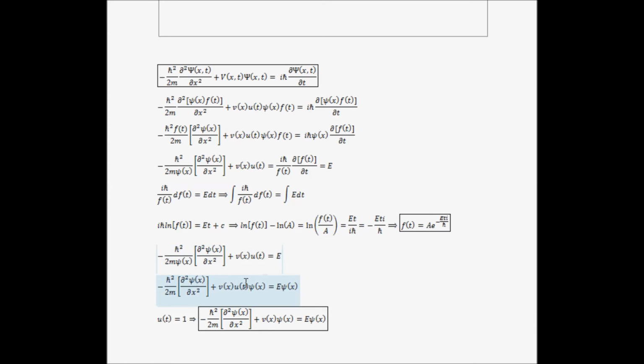At this point, I'm going to say that u of t is equal to 1 because it makes the problem so much easier if we're dealing with a potential that is time independent. If the potential is time dependent, it makes the problem so much more complicated. And for this specific example, we're going to assume it's time independent.